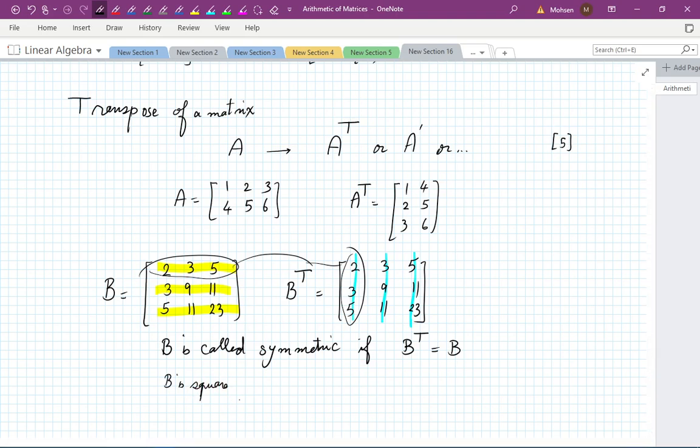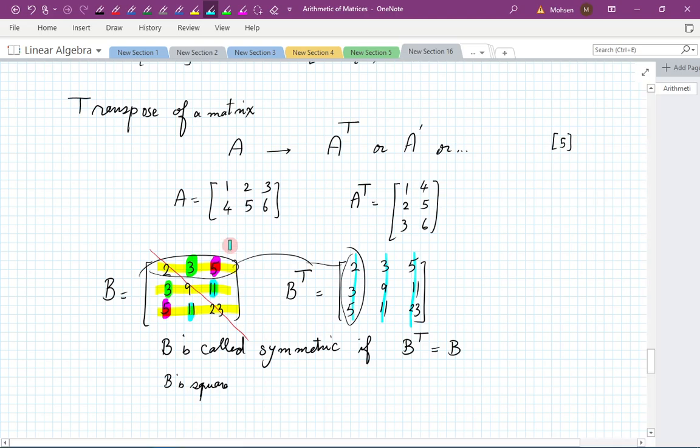Well, the entries have to look a certain special way for this to happen. Like this 3 and this 3 match, and this 5 and that 5 over there match. So the entries across the so-called main diagonal have to be the same thing.